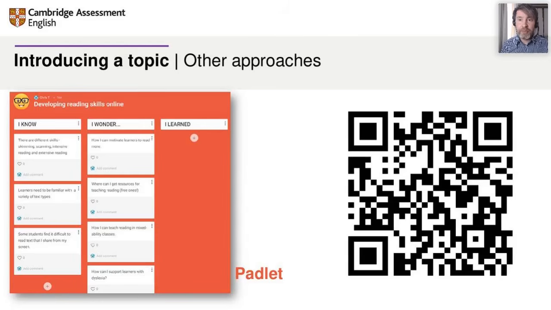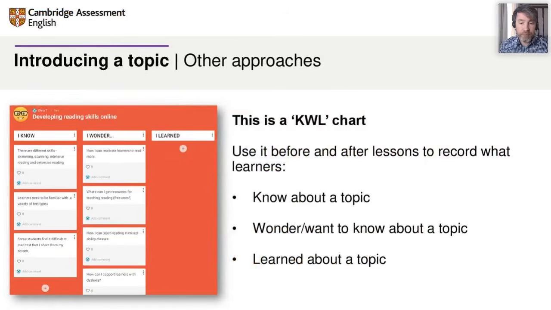That's the W. And you can then guide reflection by asking learners to return to this chart after engaging with a text or after studying something and tell you what they have learnt about a particular topic. So it's KWL.